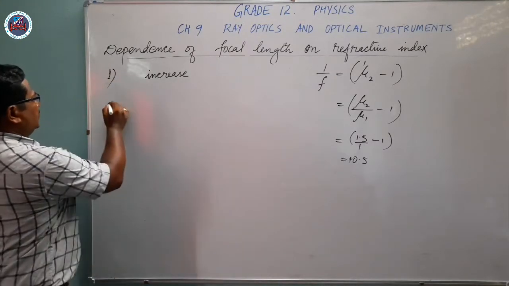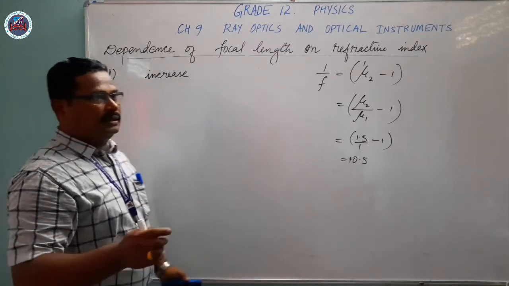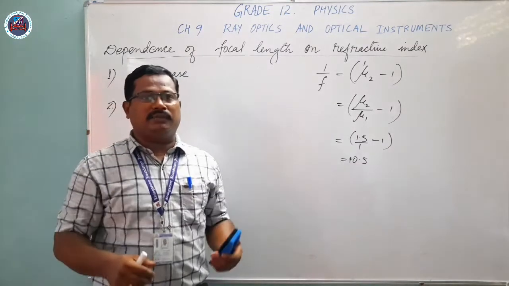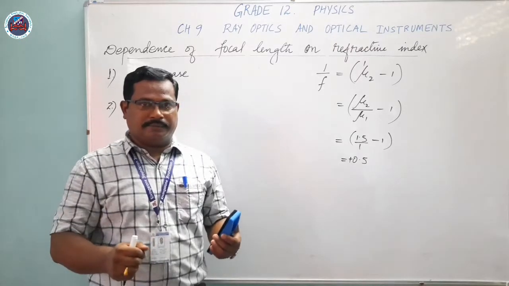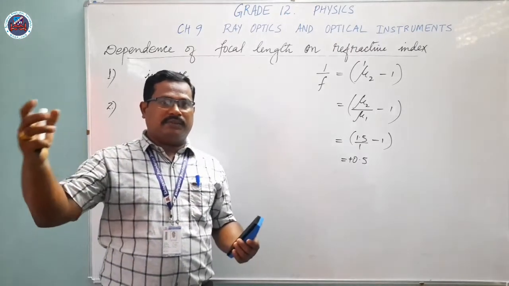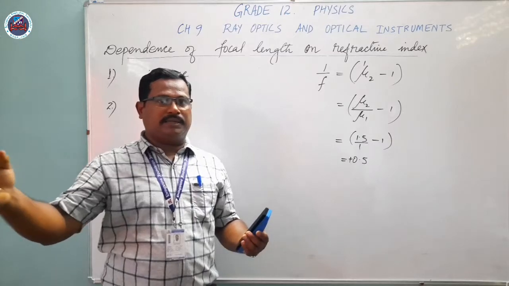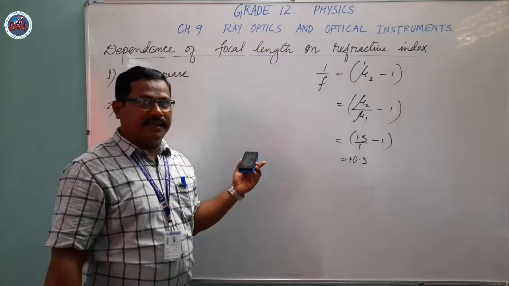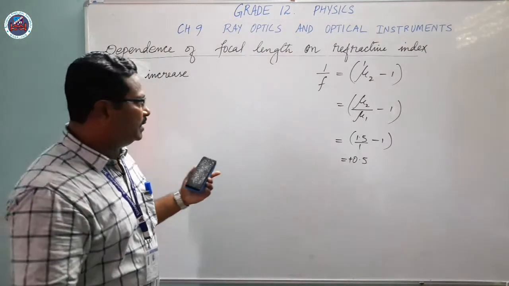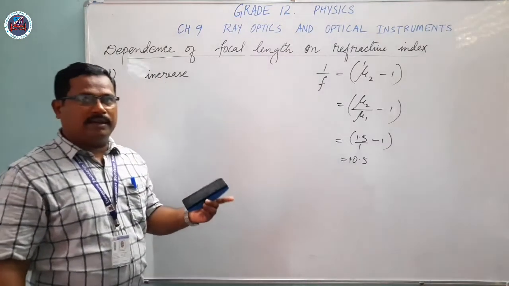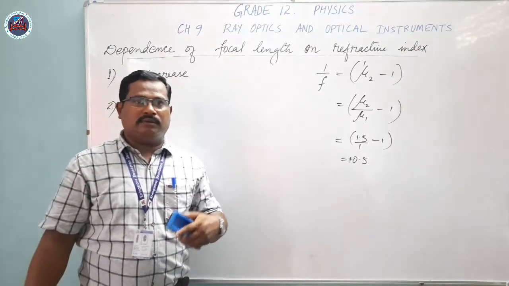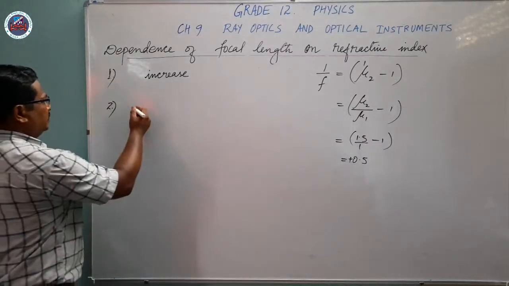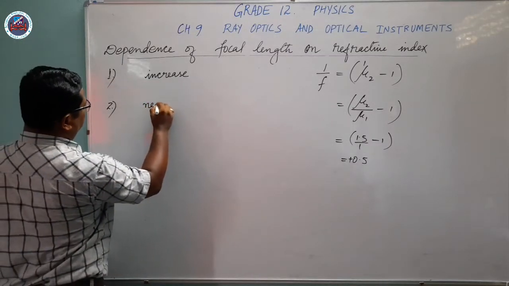And in the second case, if the liquid that you immerse the lens in has a higher refractive index compared to the refractive index of the material of the lens, then the focal length will become negative. In that case, a convex lens will behave like a concave lens and a concave lens will behave like a convex lens.